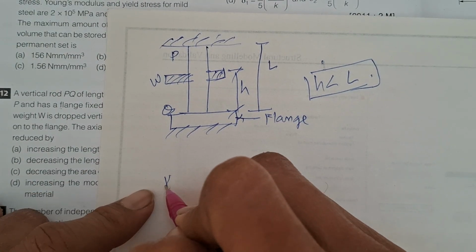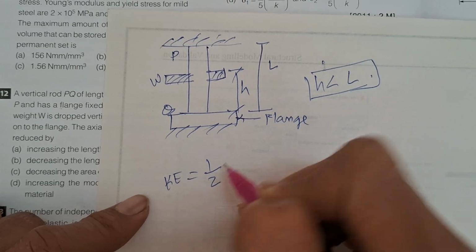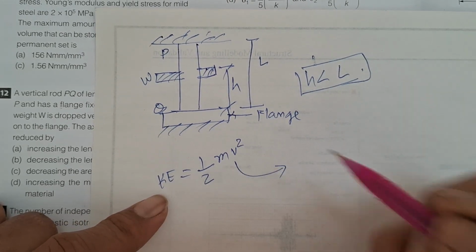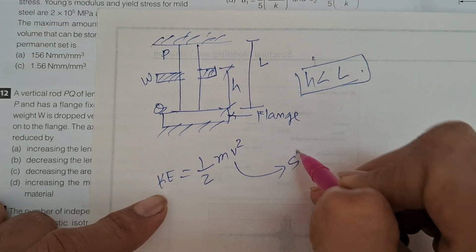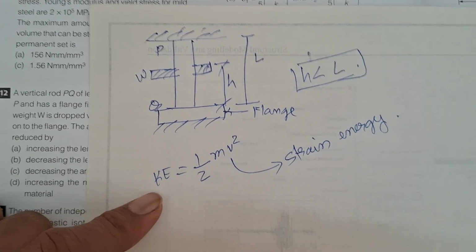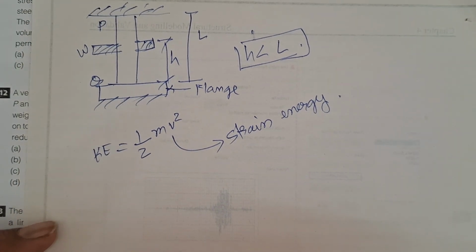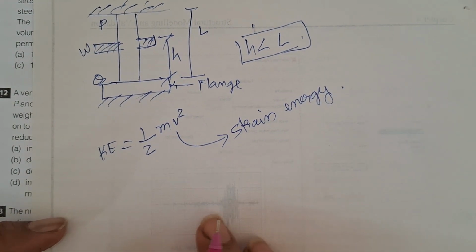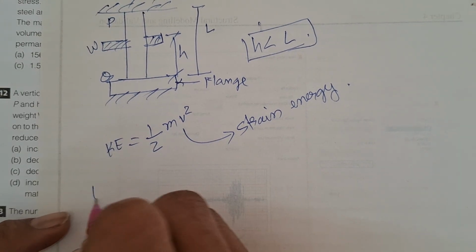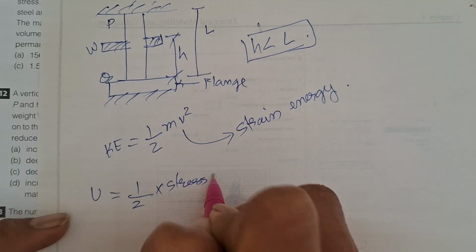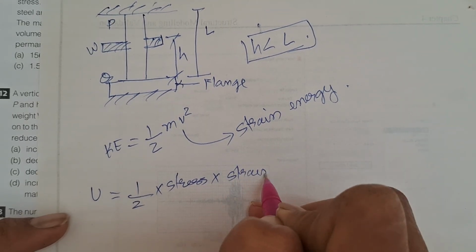Now due to this impact, what will happen? Kinetic energy, that is half mv square, will be generated, and ultimately it will get converted into strain energy. So now basically we have to write the formula of strain energy. Strain energy U is equal to half stress into strain into volume.